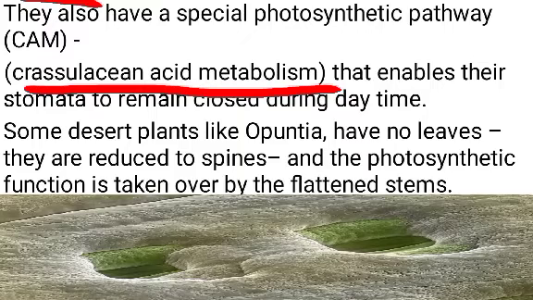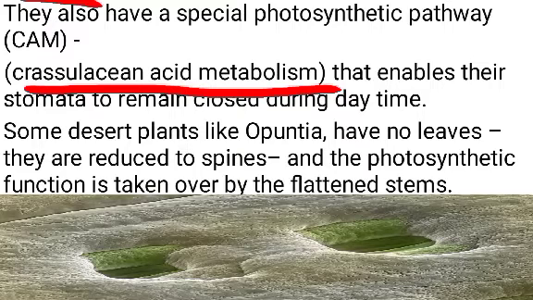So during the night, the carbon dioxide entering combines with phosphoenol pyruvate and forms malate, which is stored in the central vacuoles till the daytime.